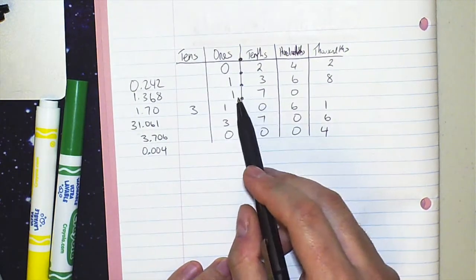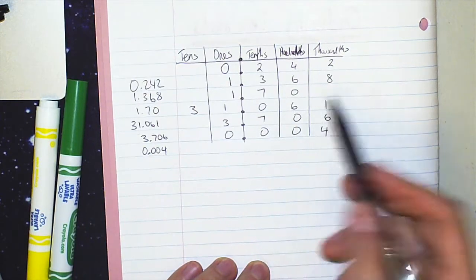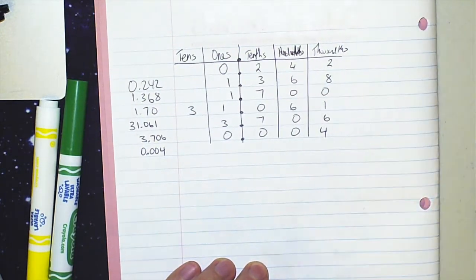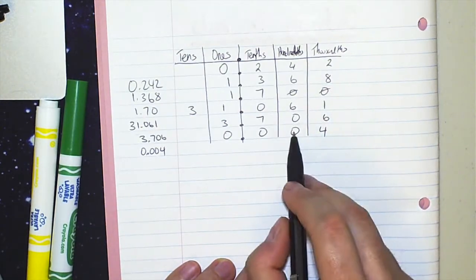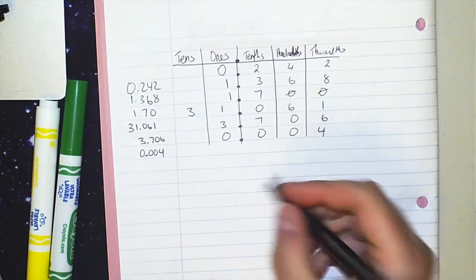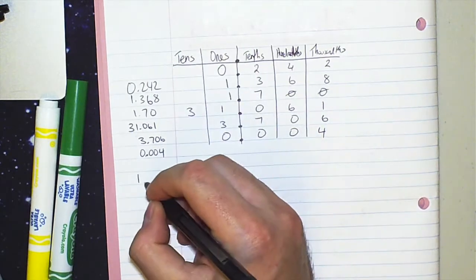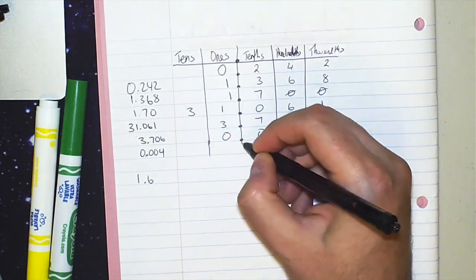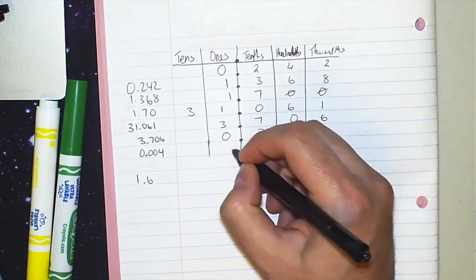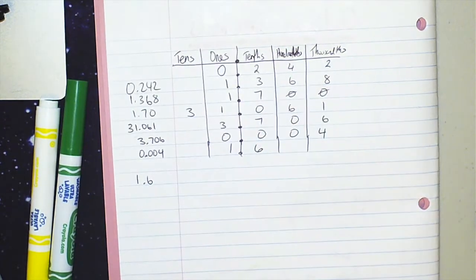Now for this one here, you see it, there's no value here. It doesn't matter. It's a 0. You don't have to even put these here. But the zeros have to be in the front. If they're at the end of the number, so like an example would be 1.6. If I had the number of 1.6, that's it. That's the number right there.